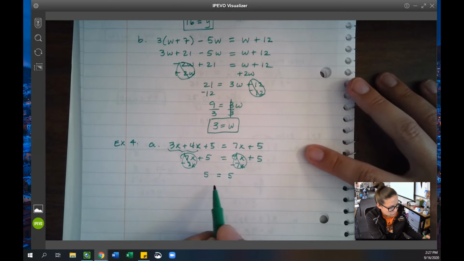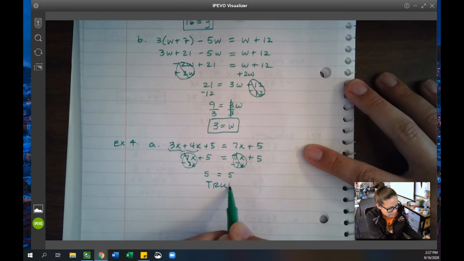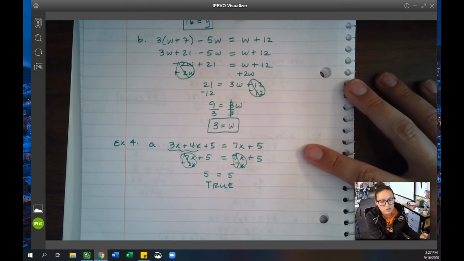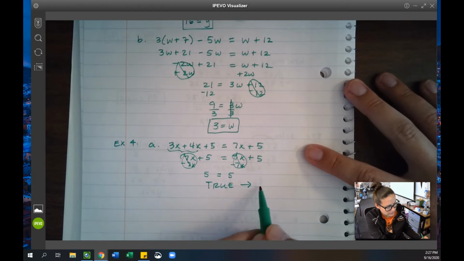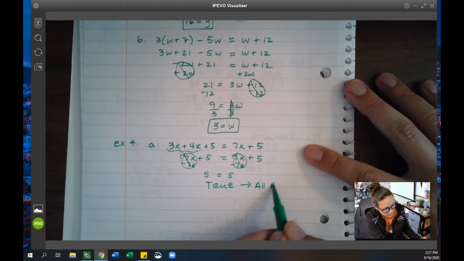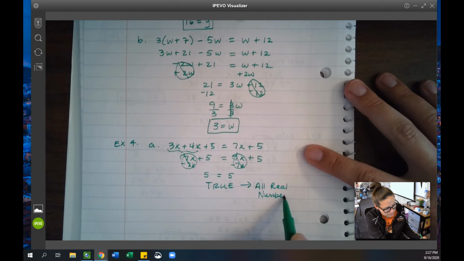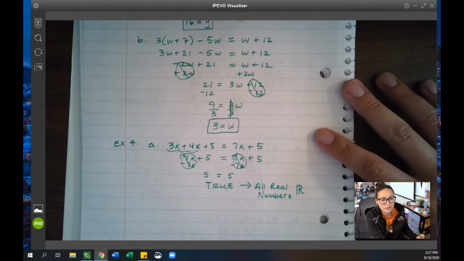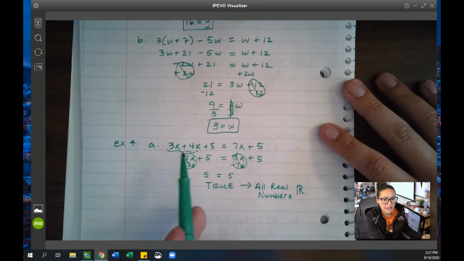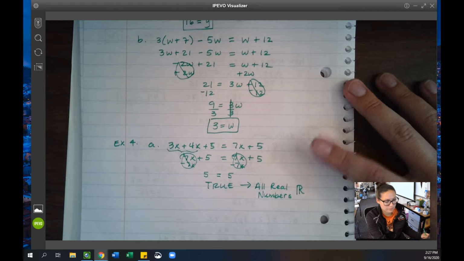Since this is a true statement, it is true that 5 equals 5. That means that we can say x can be all real numbers. And we use this fancy R to represent all real numbers. So what that means is that no matter what number x is, this equation is always going to be true.